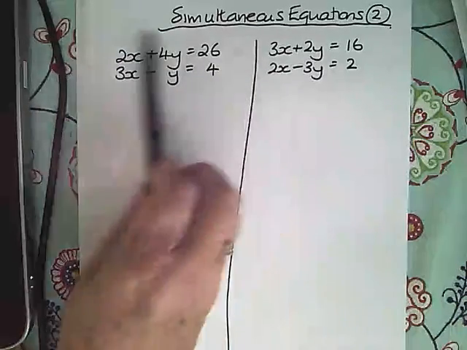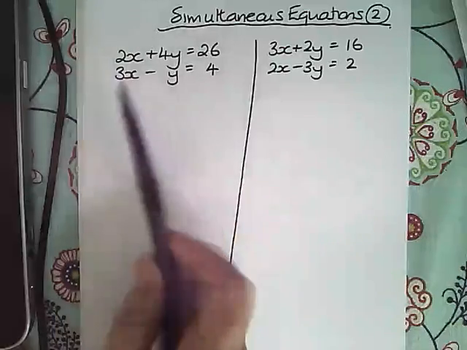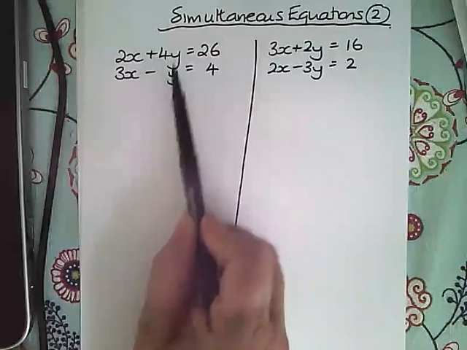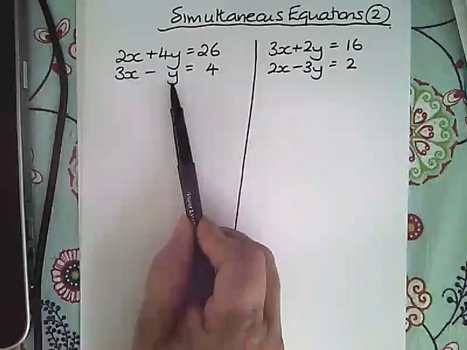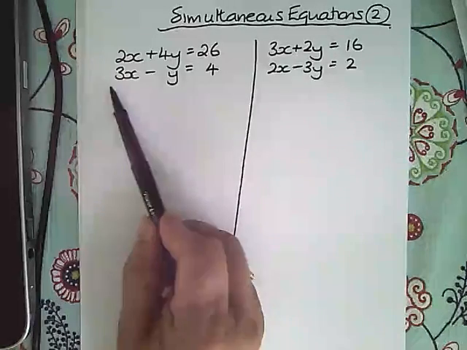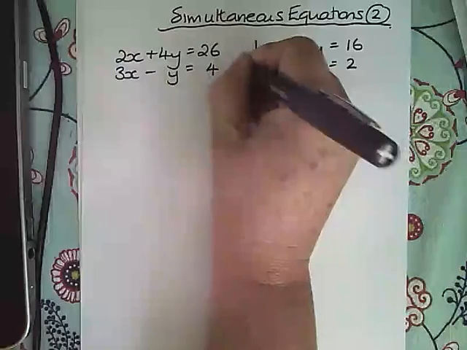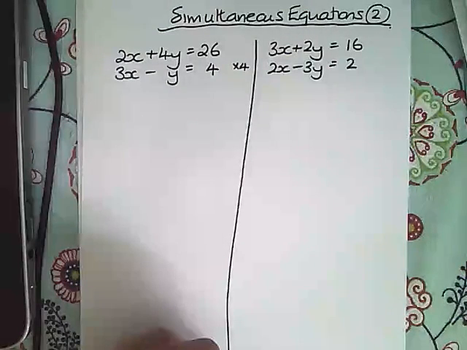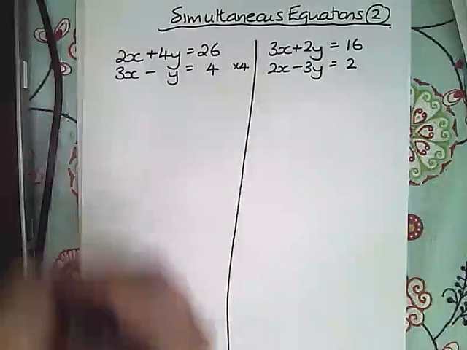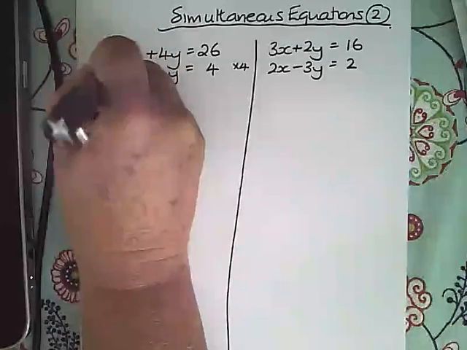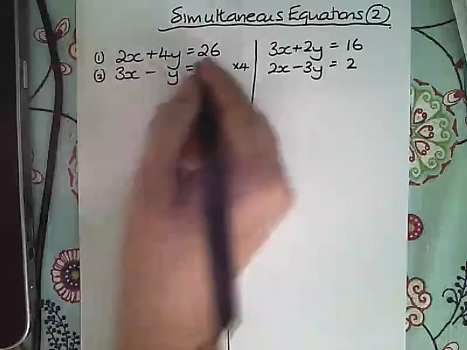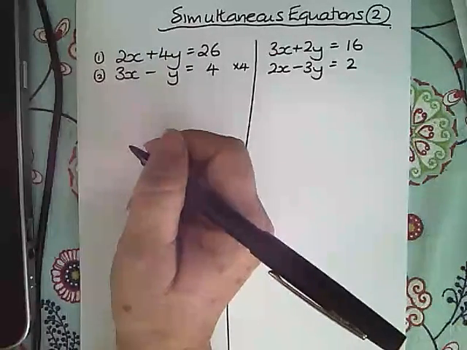So looking at this first example here, we have got 4y on the top and just 1y on the bottom. So if I times everything in that bottom equation by 4, then they will match up the y values. So I'm going to call this equation 1 and equation 2. Equation 1 stays the same, and I'm going to write that on the top still.